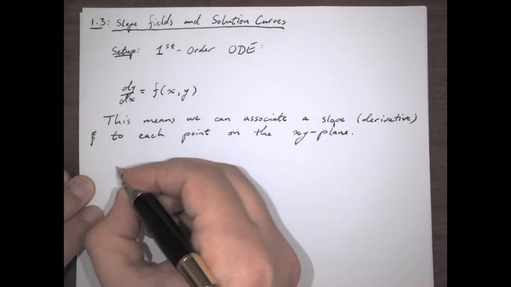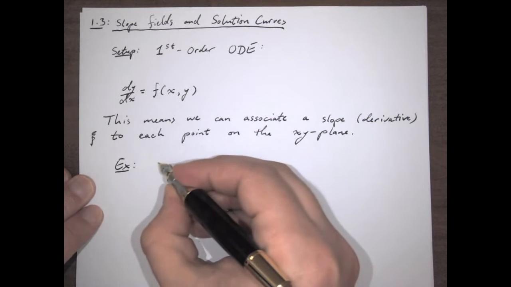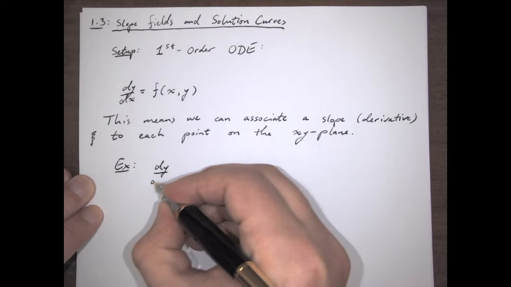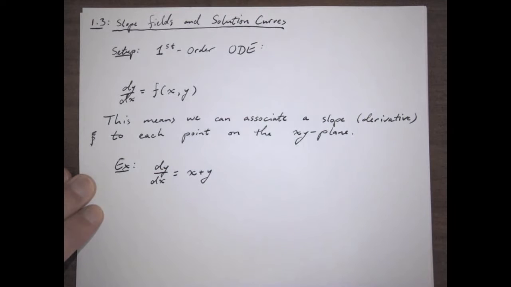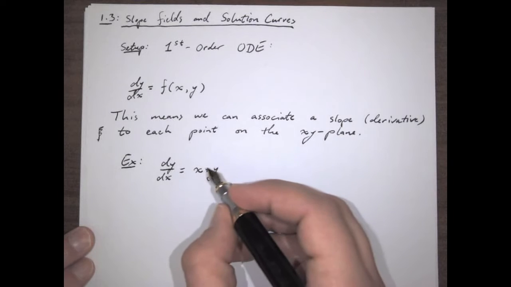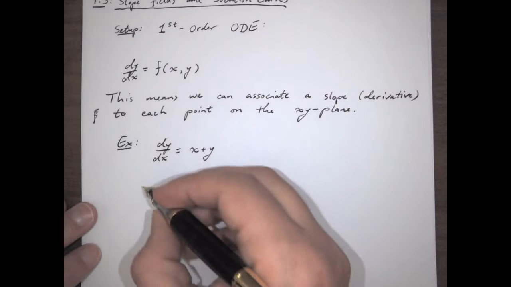So, an example here would be something like this. To take something relatively simple, let's say dy/dx is equal to just x plus y. So what this means is every point will correspond to a slope, which is just its x-coordinate plus its y-coordinate.